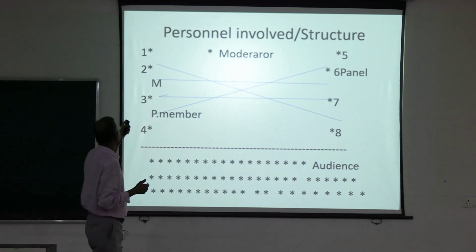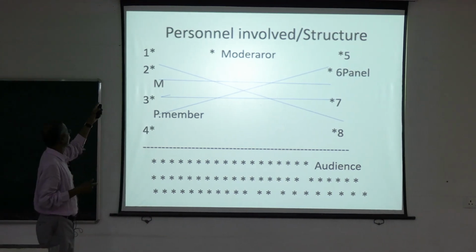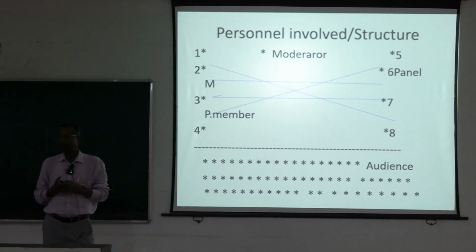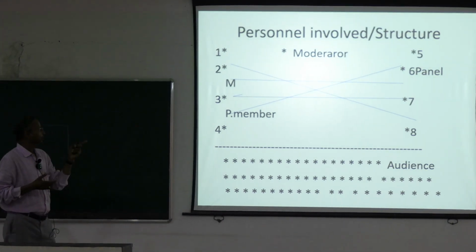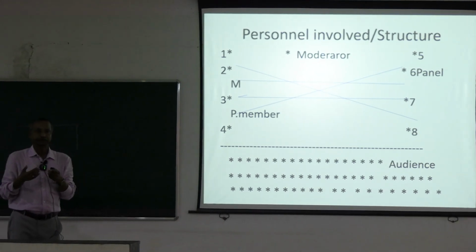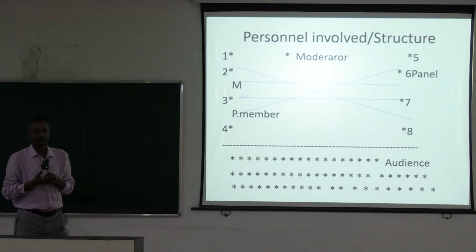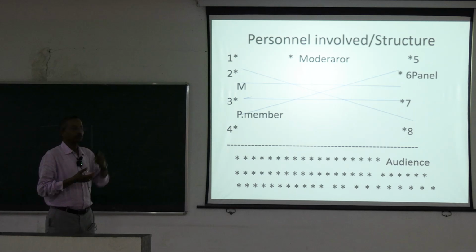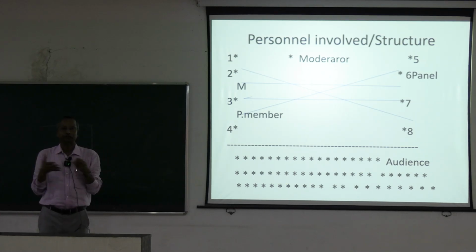Say, for example, panelist number 1 may ask questions to either 5, 6, 7, 8. In the same way, panelists 5, 6, 7, 8 may ask questions to 1, 2, 3, 4. In this zigzag, crisscross way, it will be going on in the presence of the audience.